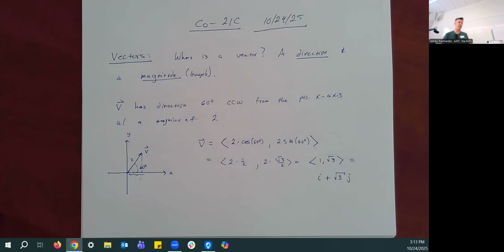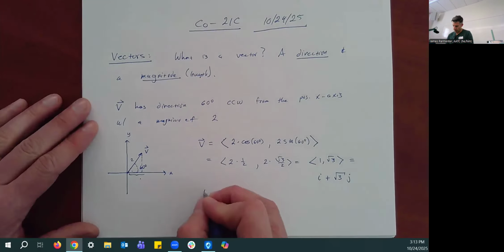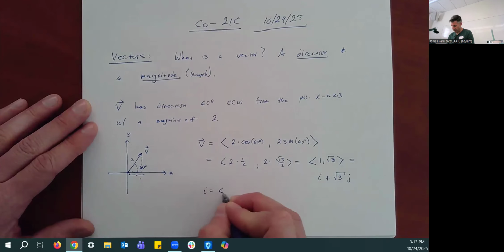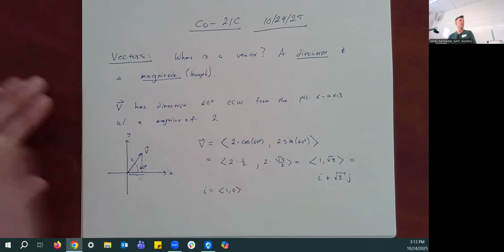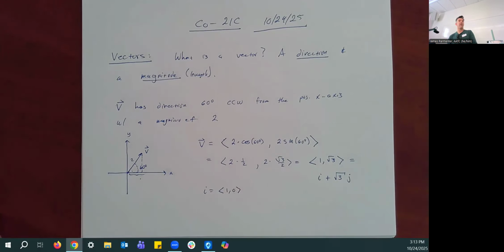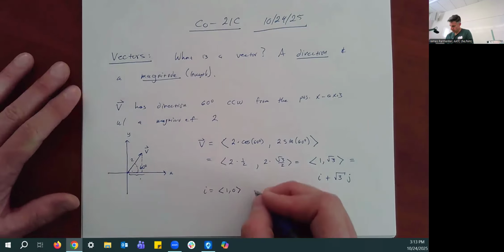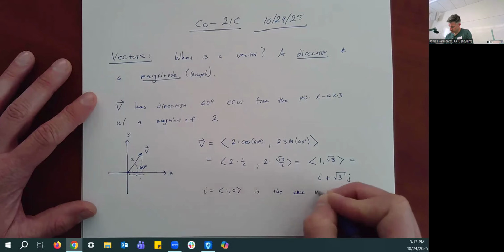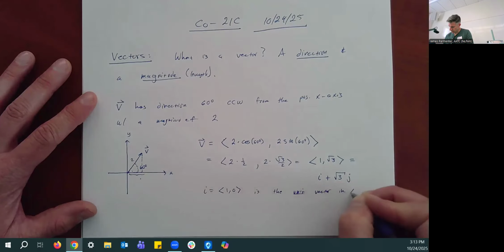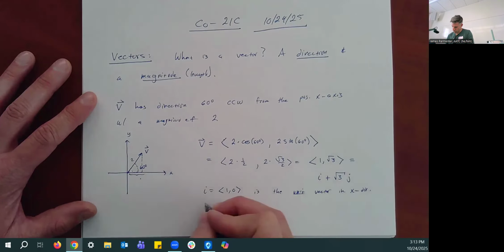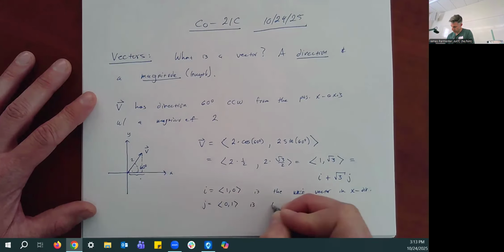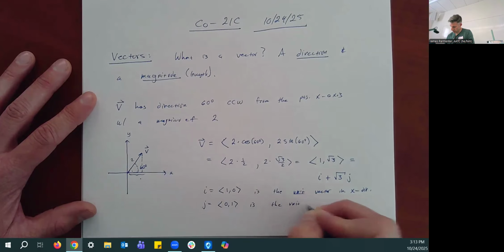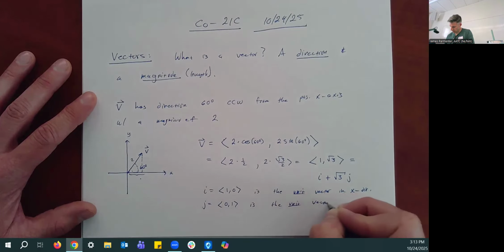Because i, j, and we'll talk about k in a minute, i is the unit vector in the x direction, meaning it's a vector having length 1 in the x direction. And similarly, j is the unit vector in the y direction.